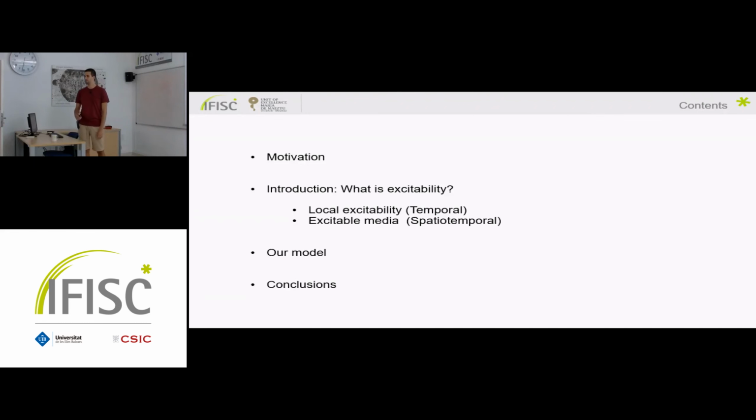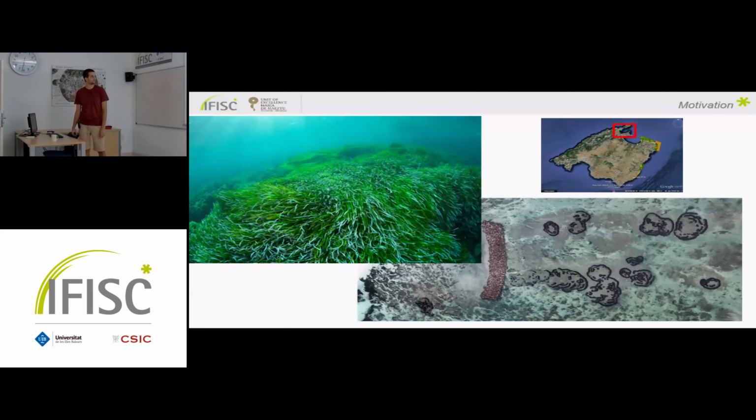So first of all, let's go with the motivation. All this project was born when studying Posidonia oceanica. Posidonia oceanica, for the ones here that do not know, is a marine plant that is attached to the ground of the sea and has clonal reproduction. Usually these plants create very extensive meadows, but under some circumstances, for some range of mortality, they create more exotic patterns.